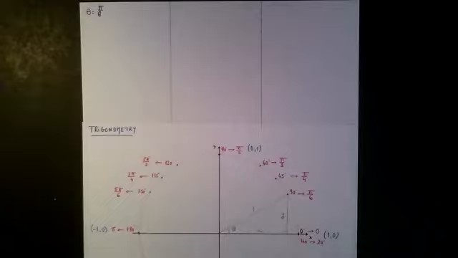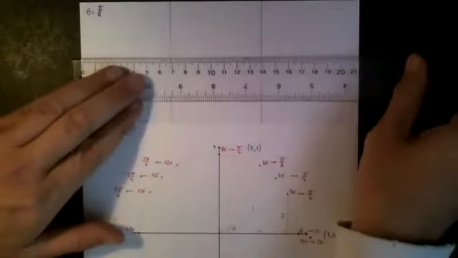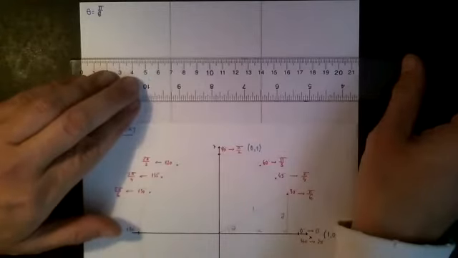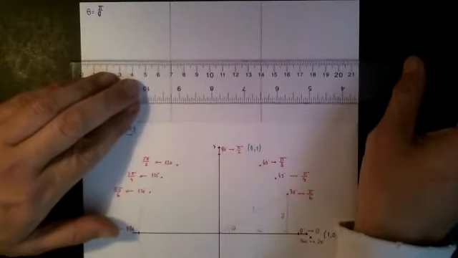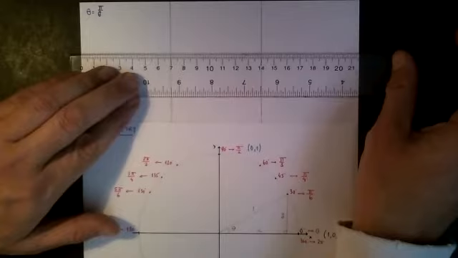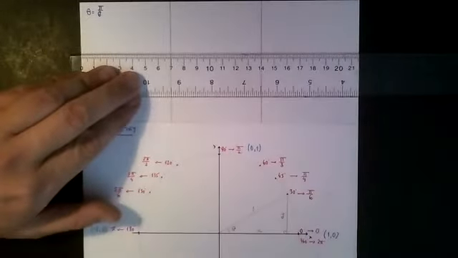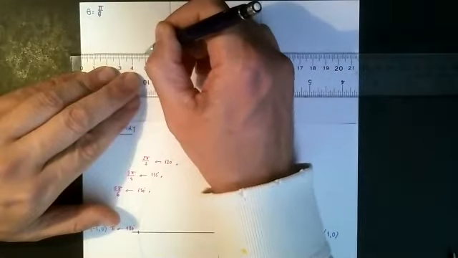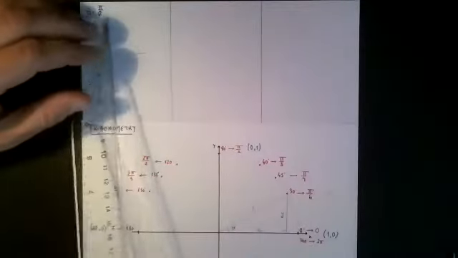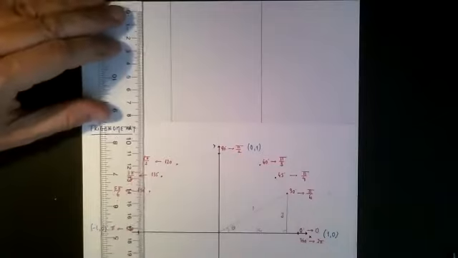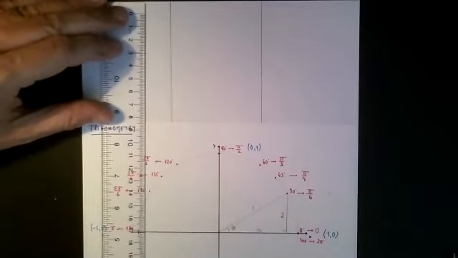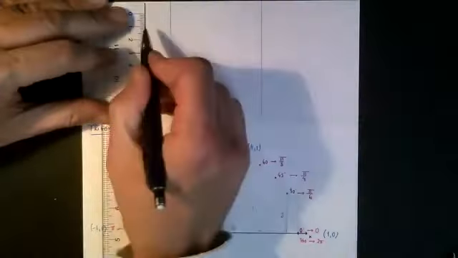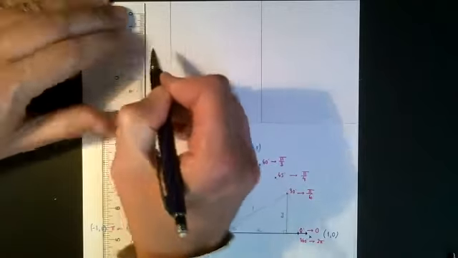Okay, so let me draw the triangle. So something like this. Okay, so I'm just redrawing this triangle that I have there, as close as I can to the drawing.